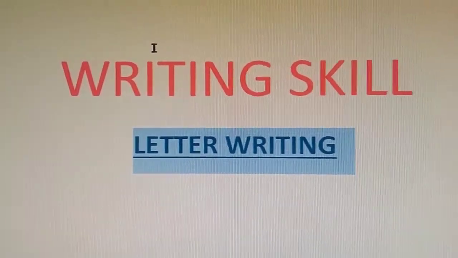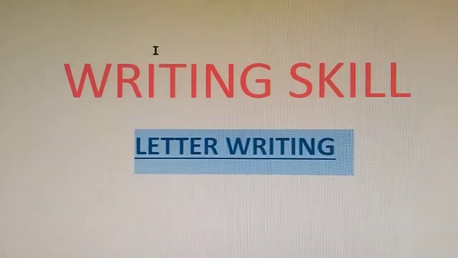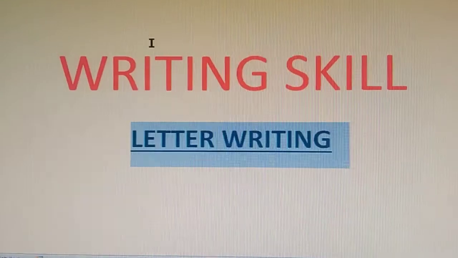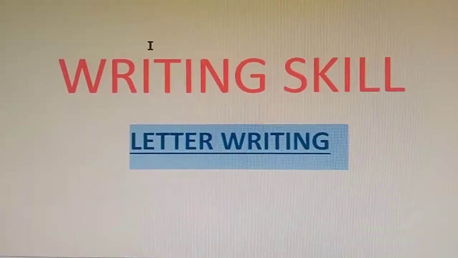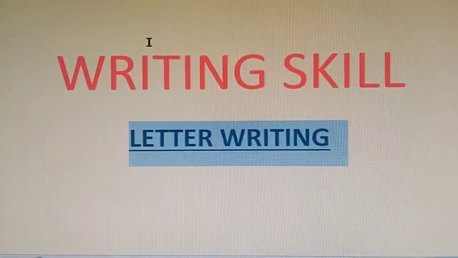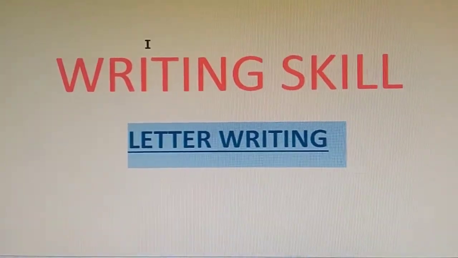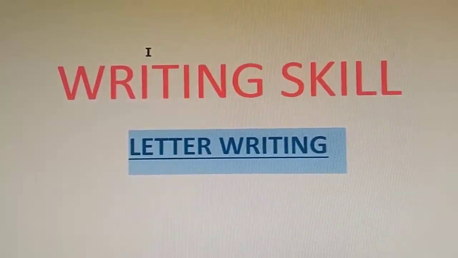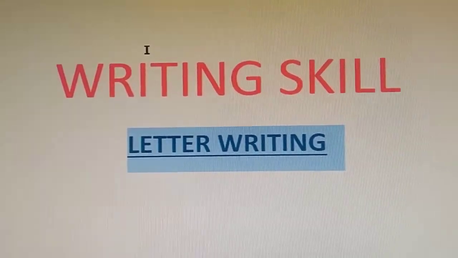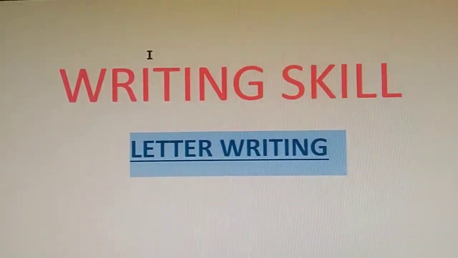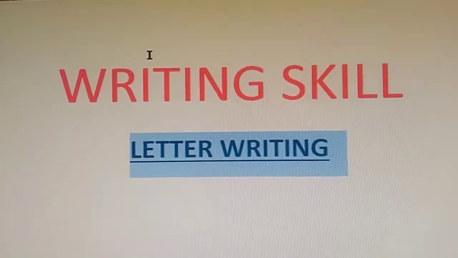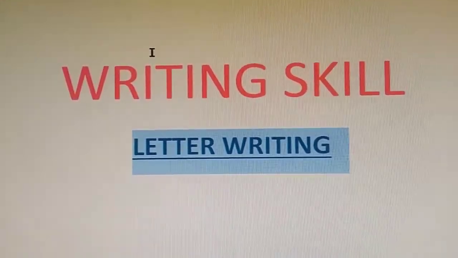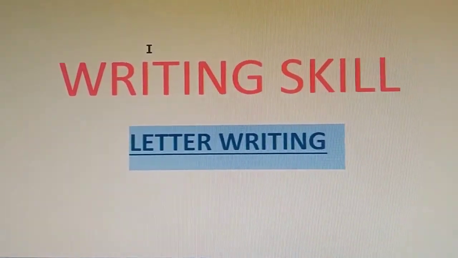So, a student's learning can be easily evaluated through writing skill. If you learned a language very skillfully, you will be able to secure good marks in writing skill.